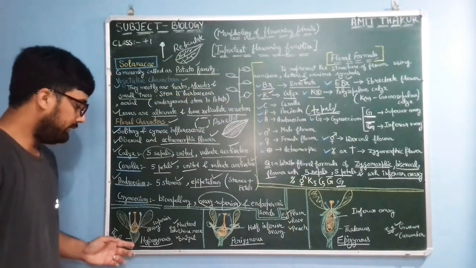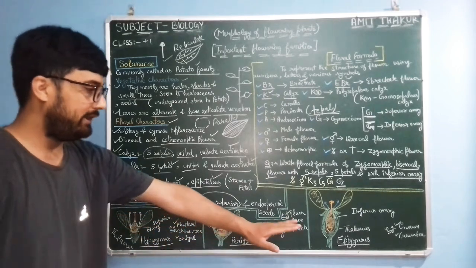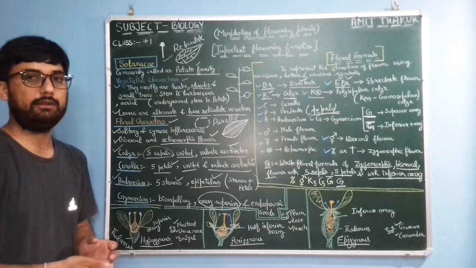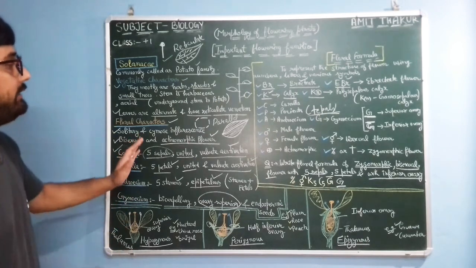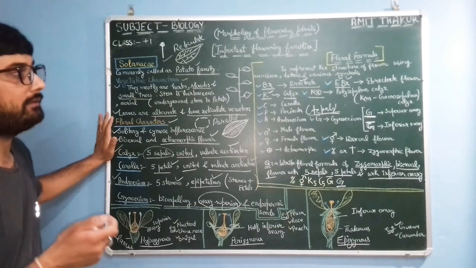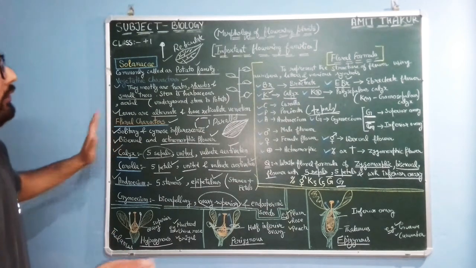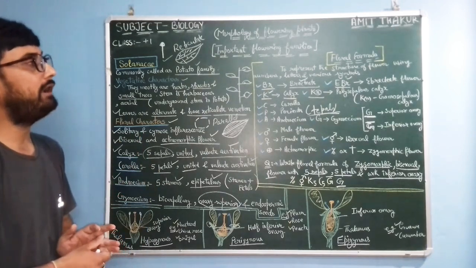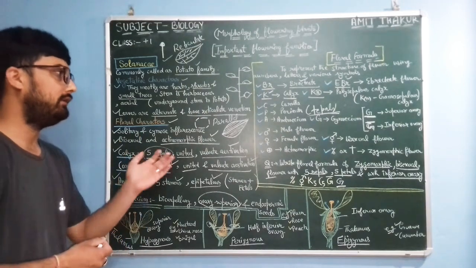These are hypogynous, perigynous, and epigynous flowers on the basis of the location of the ovary in the flower. So thank you very much, and do prepare for the test next week. This is all about this chapter of the second unit, and we will start a new chapter next week.